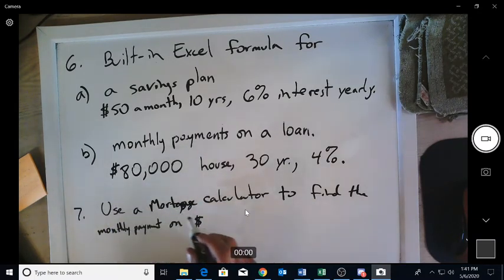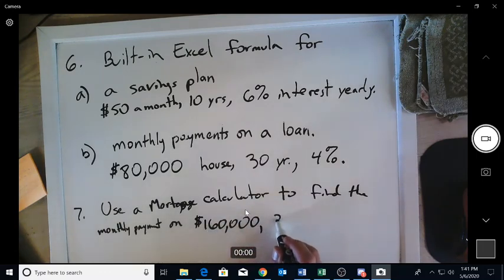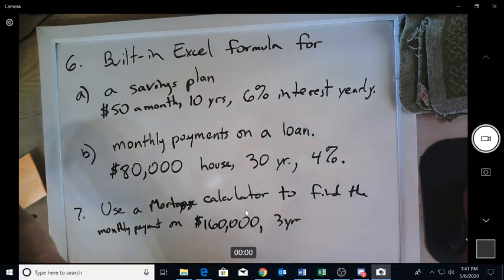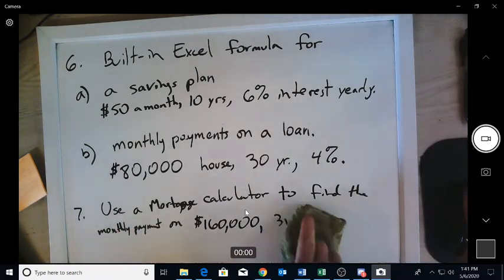Let me double this: a $160,000 house, 30 years.